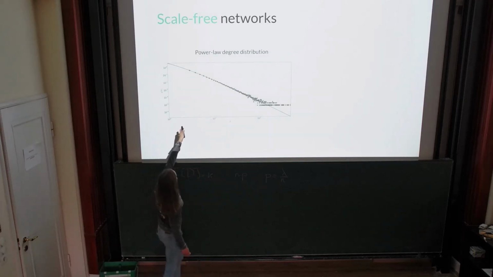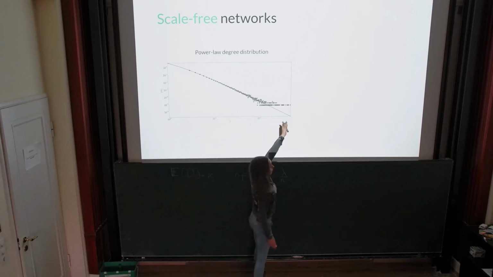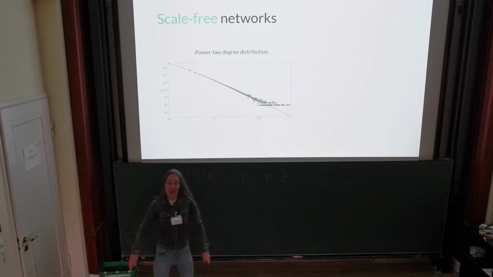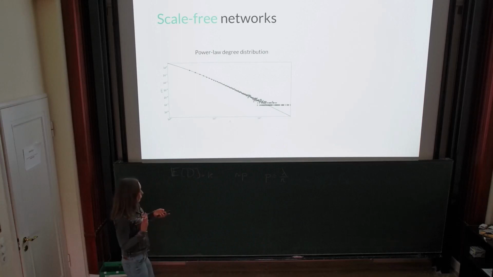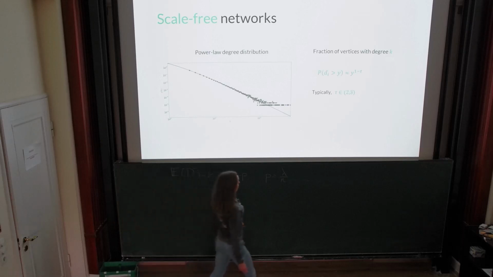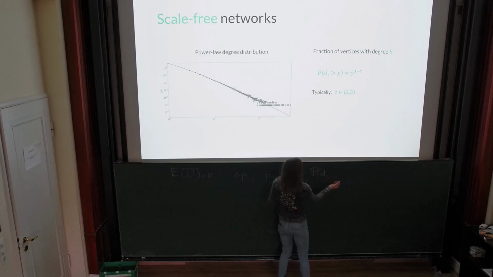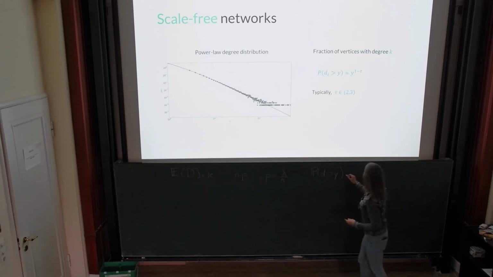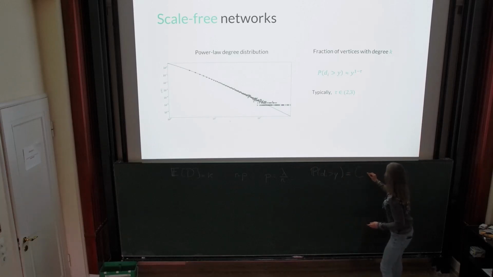You see many papers only have 1, 2, 3, 4 citations, but there are also always a few papers with many citations. In this case, you could roughly say that it follows a so-called power-law distribution, which means that the probability that the degree of a randomly chosen vertex is larger than y, let's say we just put equality here, equals some constant times y to the power 1 minus tau.